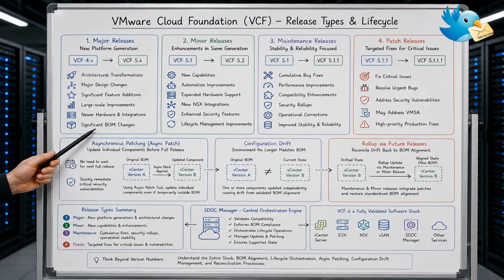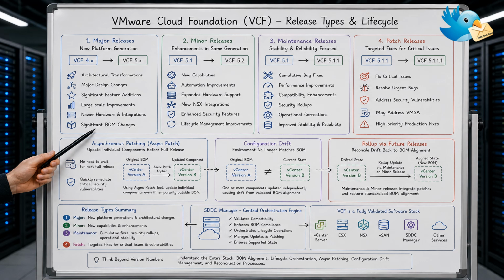Now finally, let us summarize the complete VCF release lifecycle model. Here I took the example of VCF 5.x, because VCF 5.x is the complete reference model which has major release, minor release, maintenance release, and patch release.